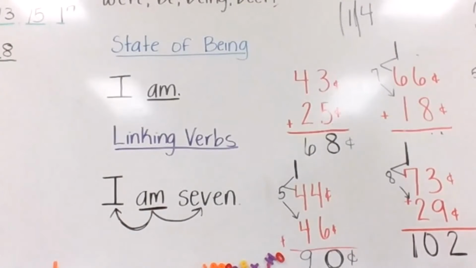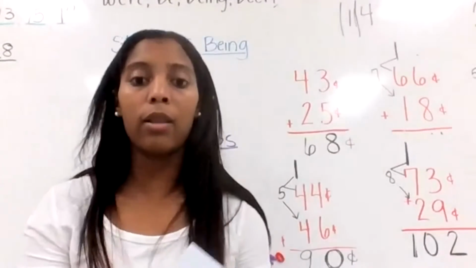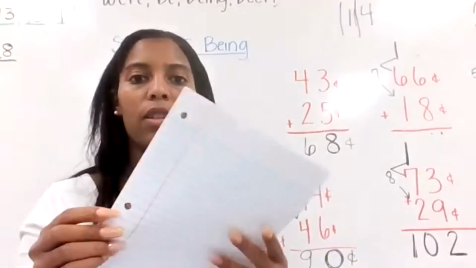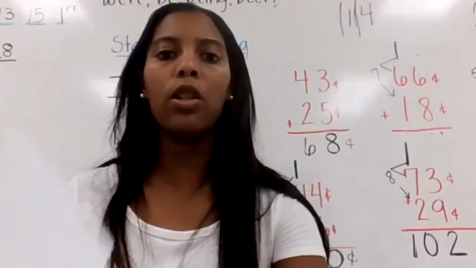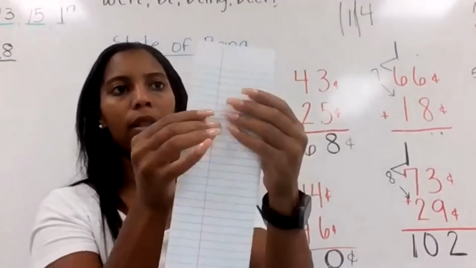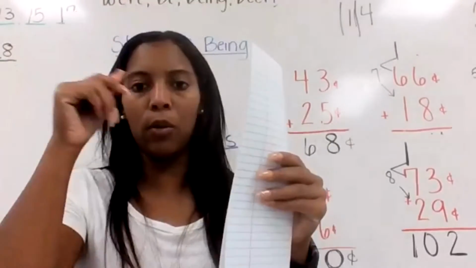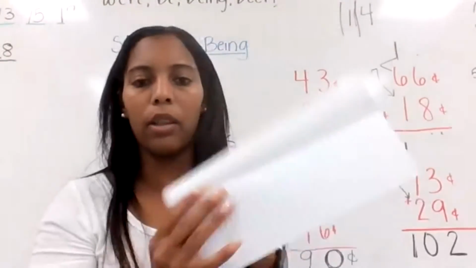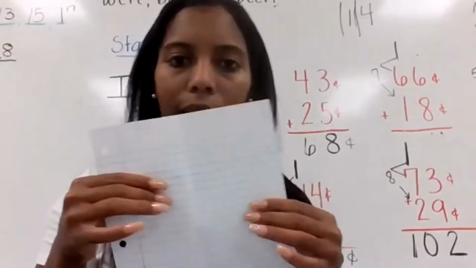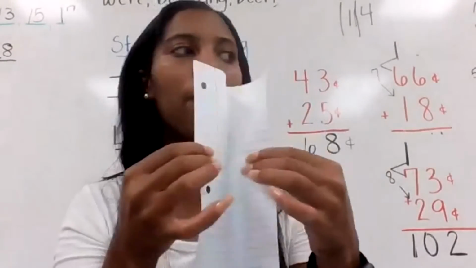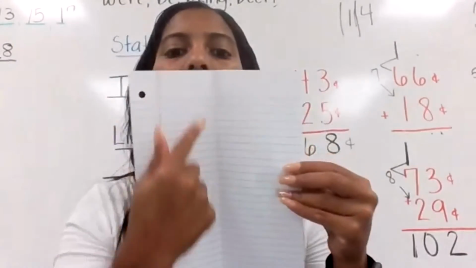Okay, so if you have a fresh sheet, everybody has a fresh sheet ready? Yes, ma'am. Okay, so if your paper is loose, like how this loose-leaf paper is loose, then all I want you to do is fold your paper in half like this. Or if you don't have a paper where you could fold it in half, just put a line down the middle.